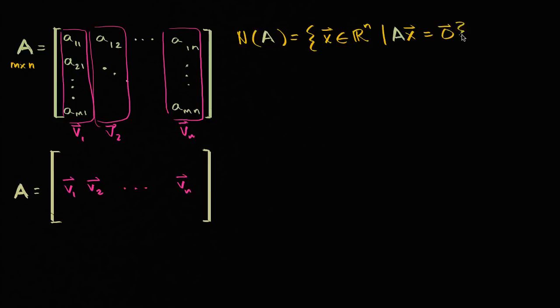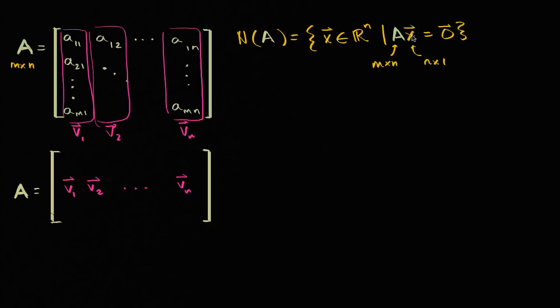the 0 vector. So why does x have to be a member of Rn? Well, just for the matrix multiplication to work, if this is m by n, then in order to make the matrix-vector multiplication work, this has to be an n by 1 vector.